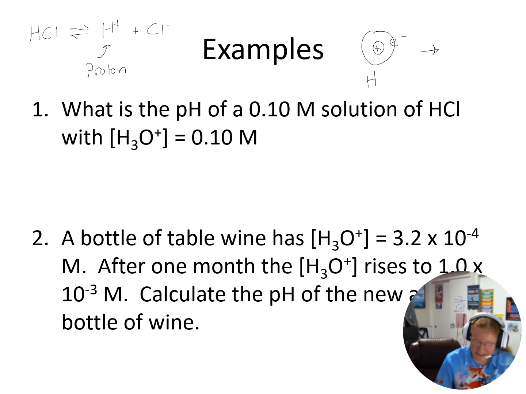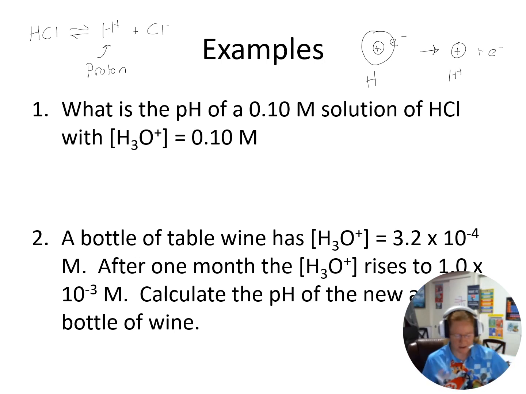If I lose that electron, now all I have left is a proton. So an H plus ion we call a proton. When I say monoprotic, it means I have one proton that can come off when it ionizes, okay? And again, H3O plus and H plus are used interchangeably.